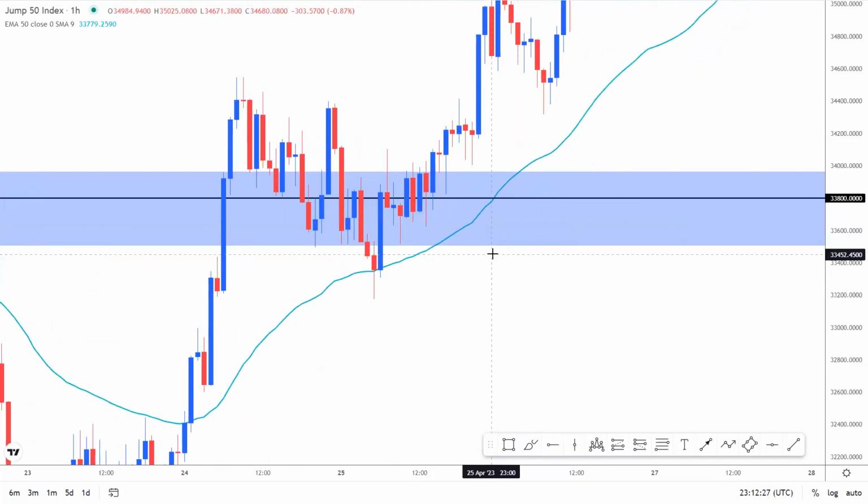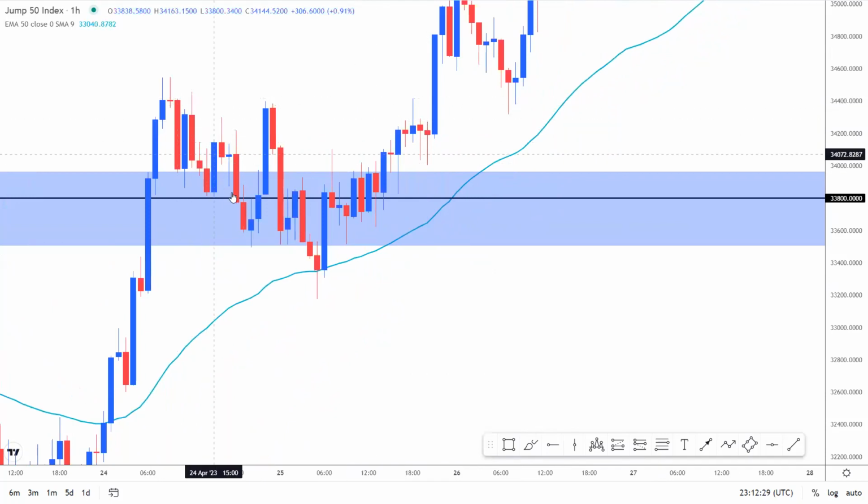And I've taken note of something, guys. As soon as we started trading back to this level, we had a kind of trending move right here, where price started pointing us towards lower lows.